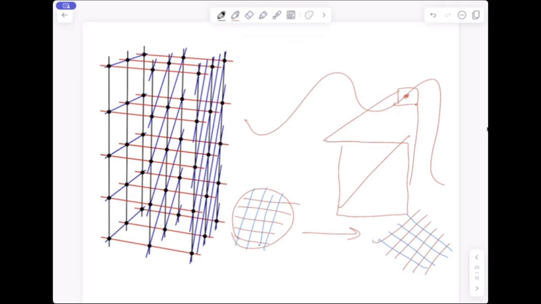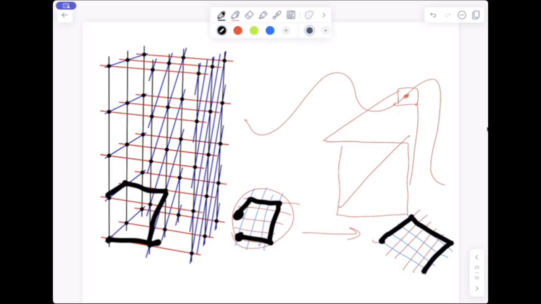Because on the Heisenberg group side, we have these spirals. We have paths that go in the x direction, the y direction, back in the x direction, back in the y direction, and end up one step above where they started. But then the image of those under this map are going to be paths that go in the red direction, in the blue direction, back in the red direction, back in the blue direction.